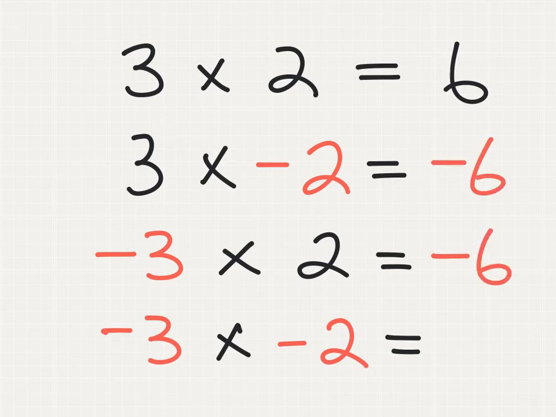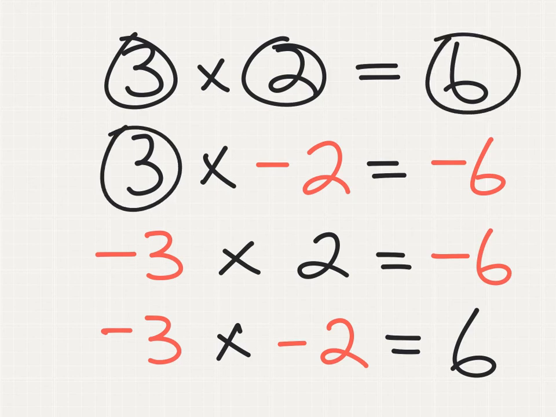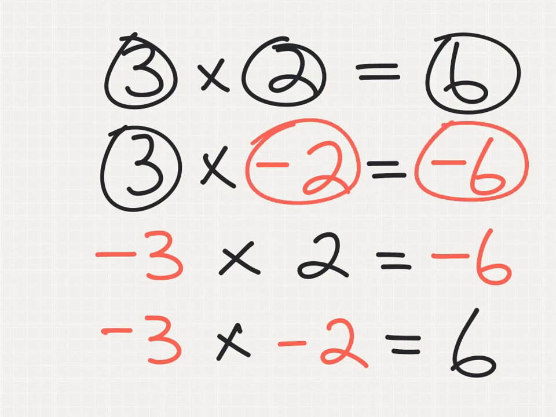Our product was always +6 or -6. Here's what I hope you would notice. That 3 and 2 will always make 6. What might change is the sign associated with that 6. But nevertheless, it will always be some flavor of 6.